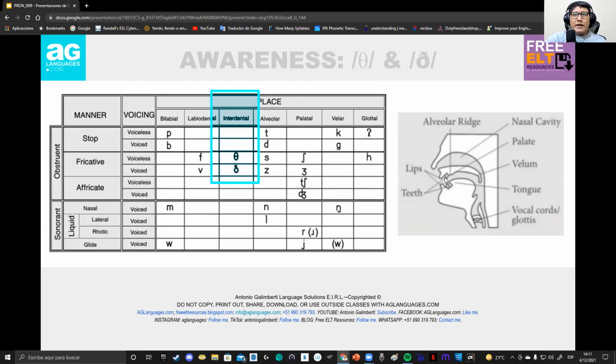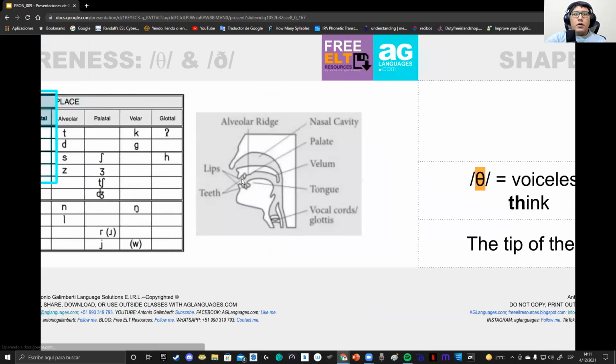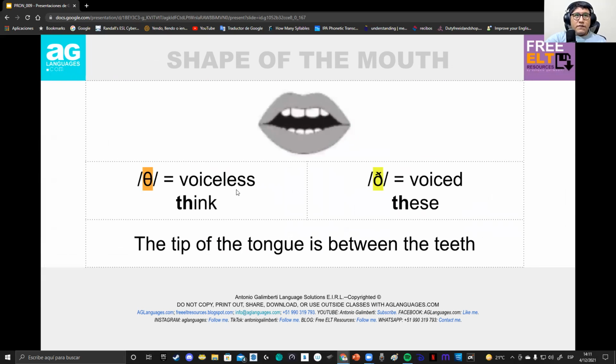They happen here in the teeth, between your tongue and your upper front teeth. And there you go. So we have the voiceless one, as it was mentioned before, think, and the one that is voiced, with vibration, right?